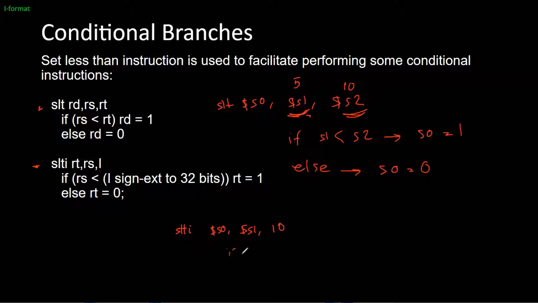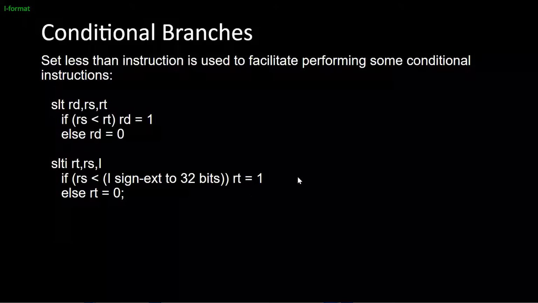If S1 is less than 10, S0 is equal to 1, else you are setting S0 to 0. So these are 2 variations of the same instruction. And we are going to use this to convert the other branch instructions that don't have a direct translation to machine language. We are going to see how.